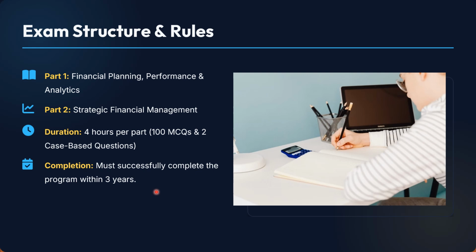That means you have to pass both part 1 and part 2. In case you pass part 1 and are unable to do part 2 for some reason during these 3 years, then you need to retake both the exams. So it's always better that as soon as you enroll in the program, you do not miss out on any windows, try to write your exams and finish off the program as early as possible.